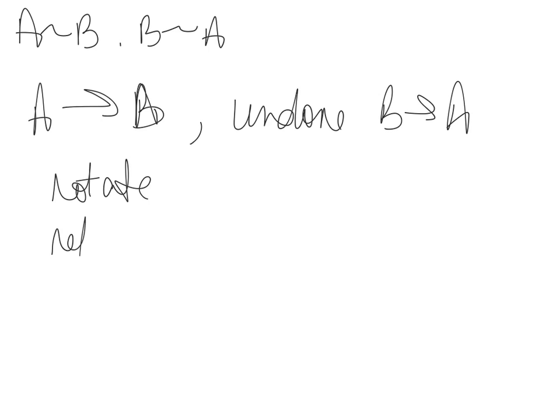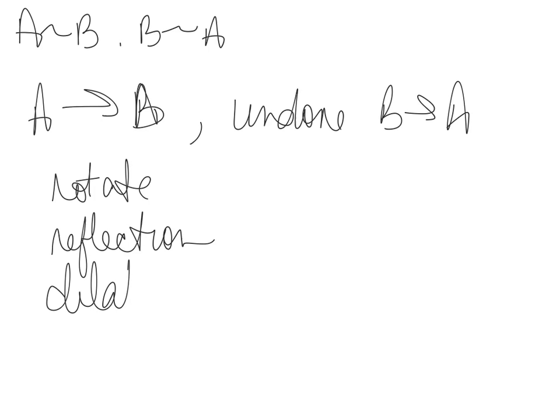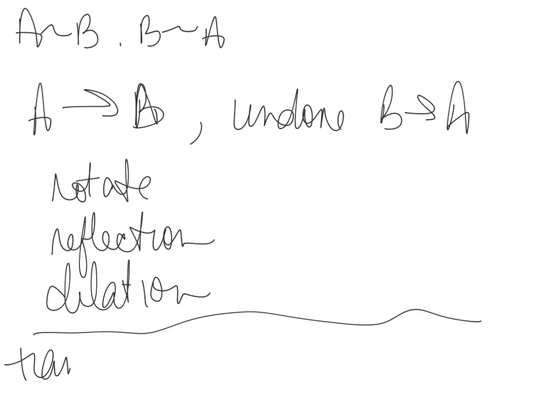A reflection, we can always reflect it back. Even a dilation, we can always dilate it back. I can't think of anything else. Everything can be undone when we're talking about transformations. And this is sort of our symmetric property.